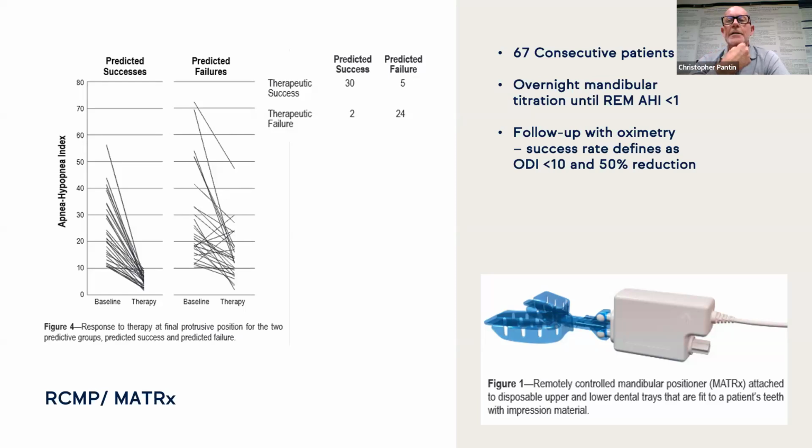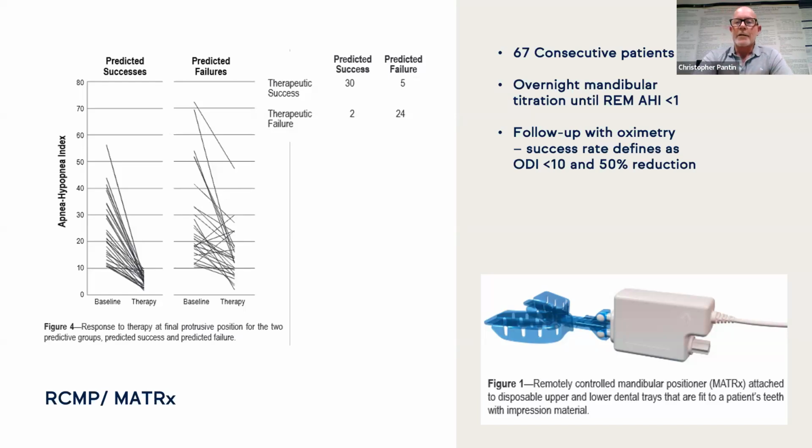They did overnight mandibular titration until they were in REM and the AHI less than 1, which I'm suspicious is a typo, because it's very hard to get someone to less than 1 in REM. But I guess if they don't obstruct in REM, it is. But anyway, don't worry about that too much.